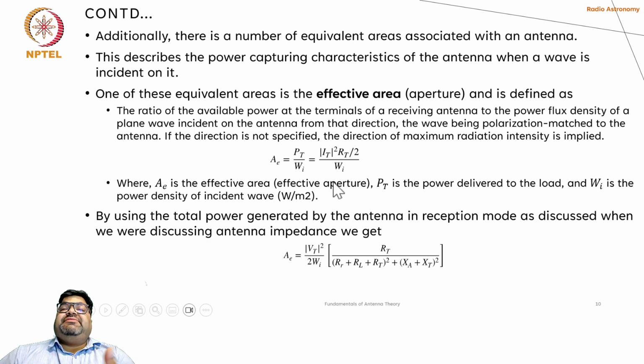So there are various ways of defining this effective area. One, by the power transmitted to the load, and another one is in the reception mode, the power generated by the antenna. Both of them can be used to define the effective area.